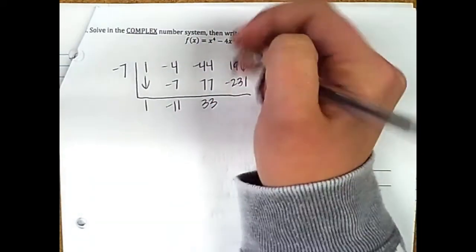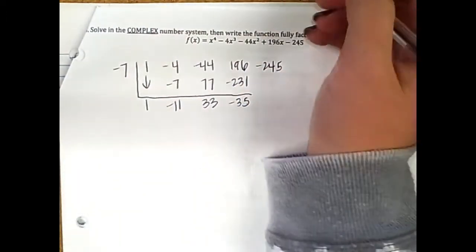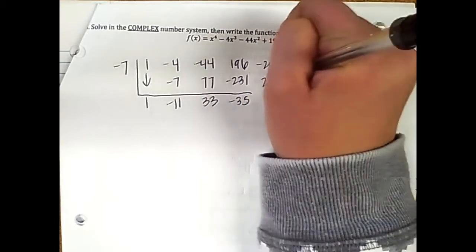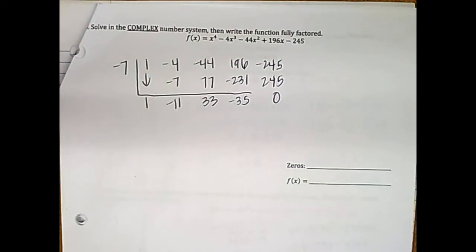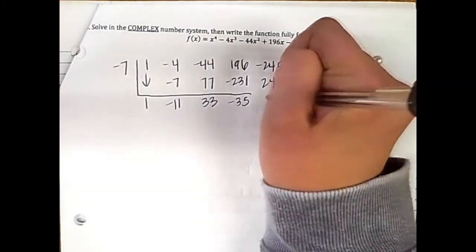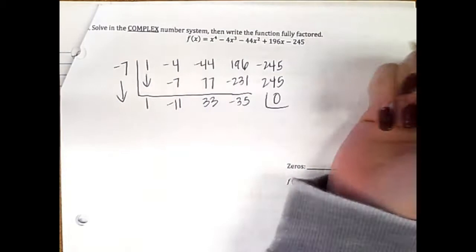When I add those, I get -35. -35 times -7 is 245, which added together gives 0. Now that I have that, I got 0 as my remainder, which is what you should be getting. And so that means I'm going to bring my factor down.